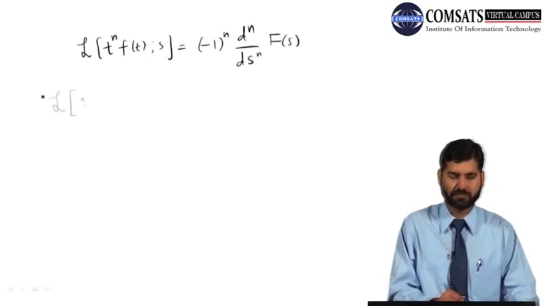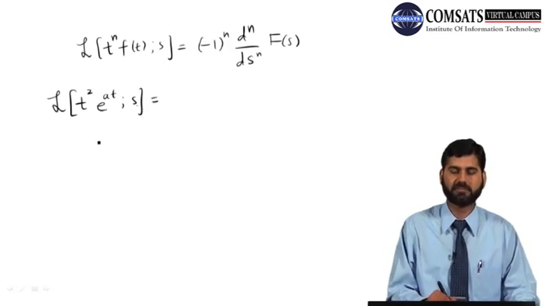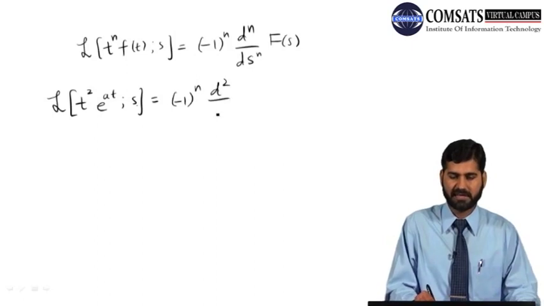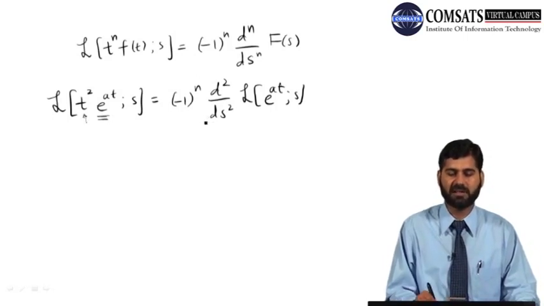So the Laplace transform of t^2 e^(at) is (-1)^n, here the second derivative with respect to s, of the Laplace transform of e^(at), your function. This t^2 indicates the second derivative.